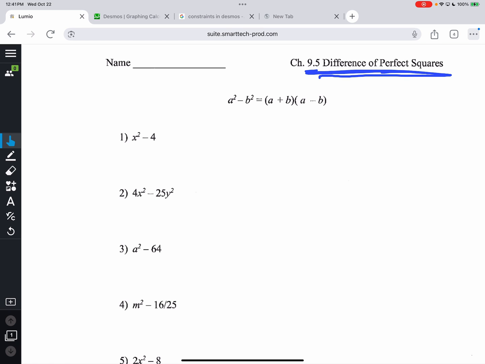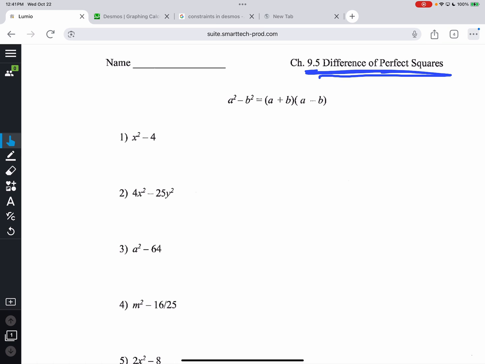Is 36 a perfect square? What is it? 6. What about 64? 8. What about 50? No. What about 49? Yes, 7. Okay, so y'all are with me. It is a perfect square if the factors are the same number used twice.